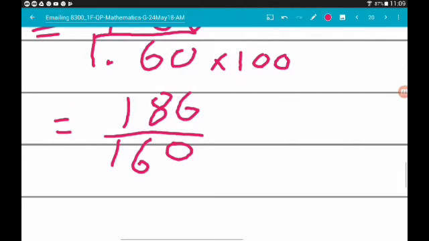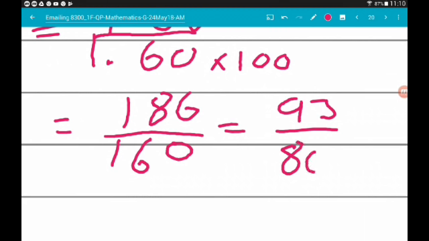So we might spot both numbers are even, so we can divide out a 2. So 186 divided by 2 is 93. 160 divided by 2 is 80. Now there are no common factors between 93 and 80, so that is our answer.